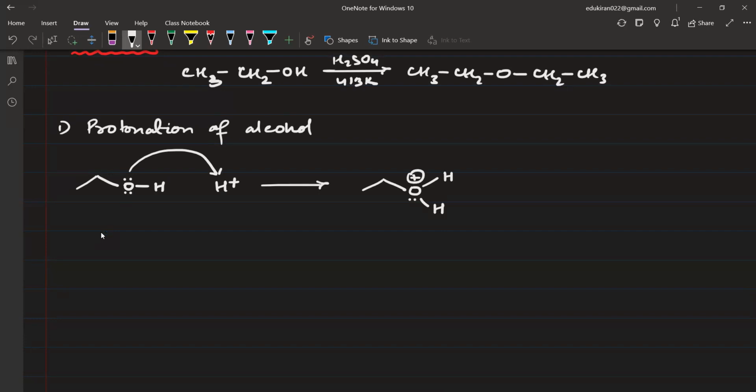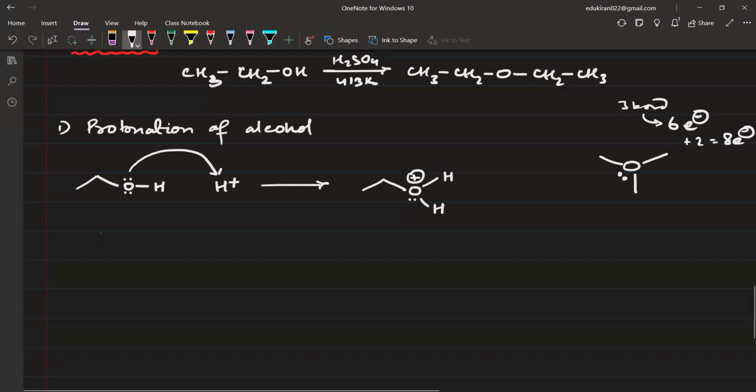And if you look at the oxygen atom right now, please don't write anything. Try to understand. So you have 1 bond, 2 bonds, 3 bonds, and a lone pair of electrons. So the oxygen atom is having 3 bonds, meaning 6 electrons, and 1 lone pair, it means 2 more electrons. So 6 plus 2, that means it is having 8 electrons.